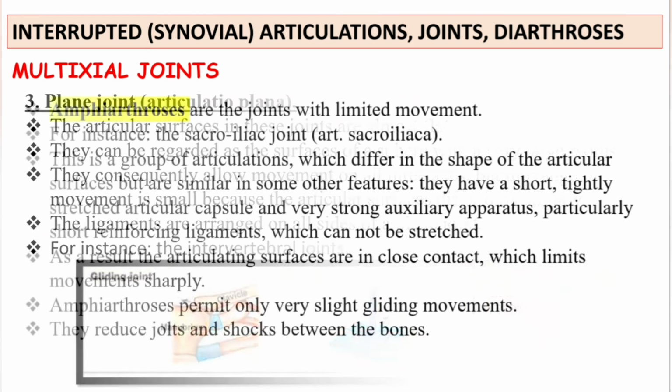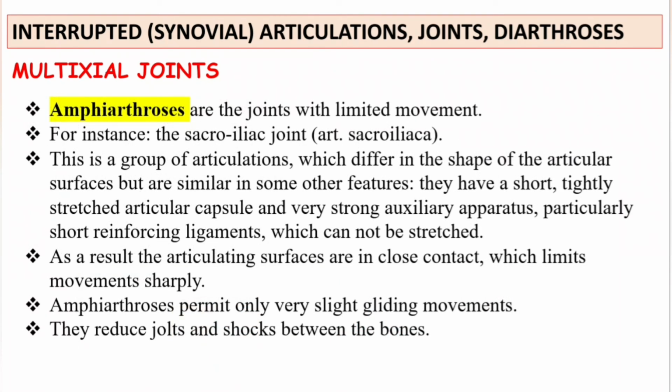This one is actually regarded as an amphiarthrosis, right? Why? Because of limited movement. This group of articulations, the amphiarthrosis, differ in the shape of the articular surface but are similar in some other joint features.